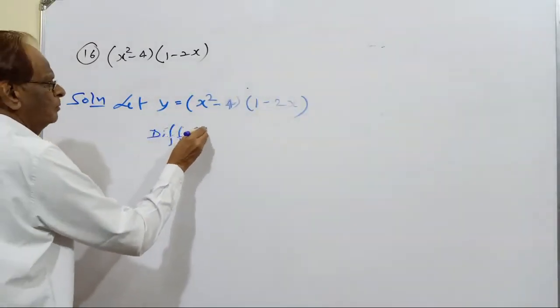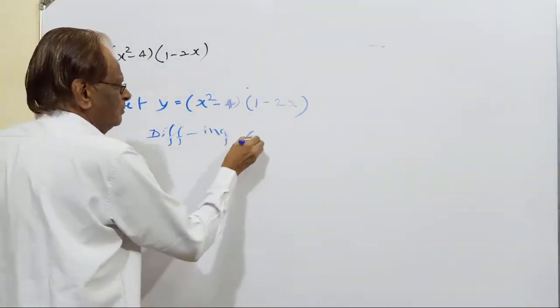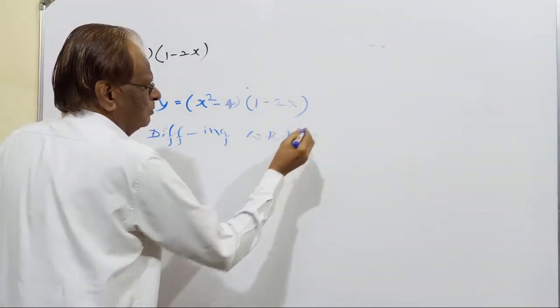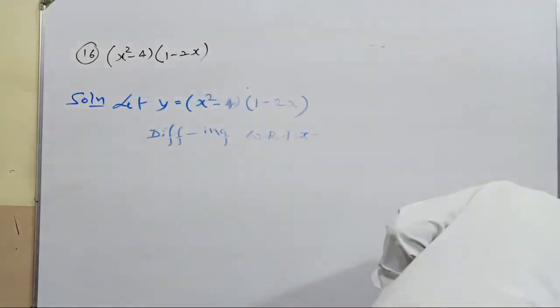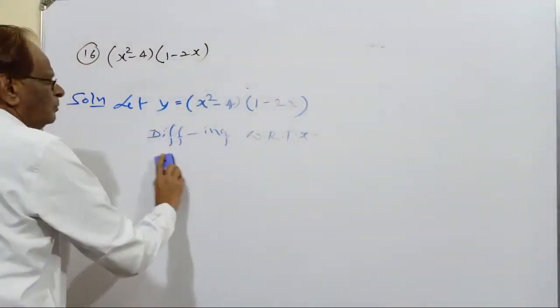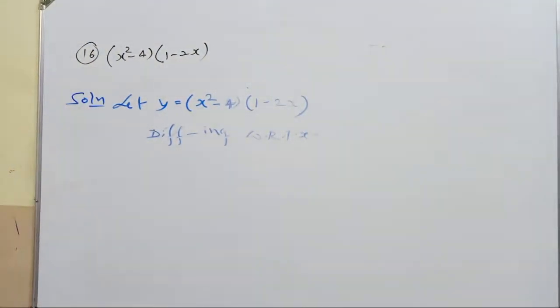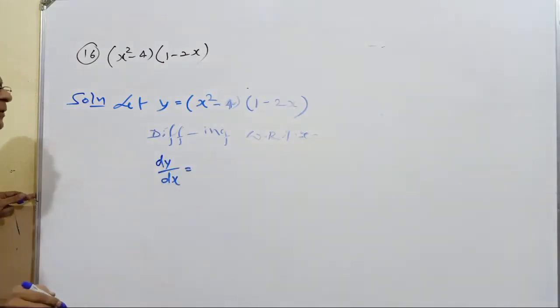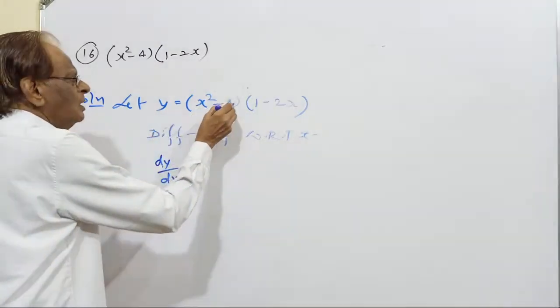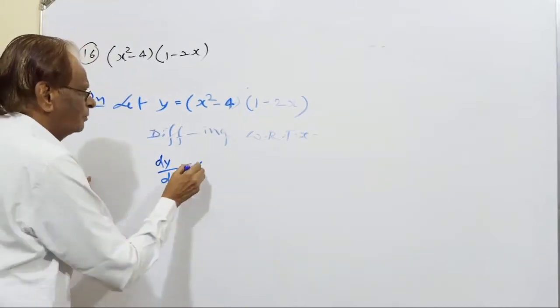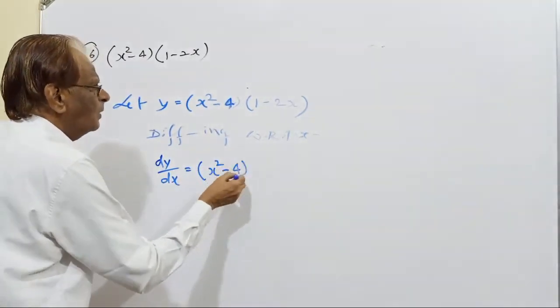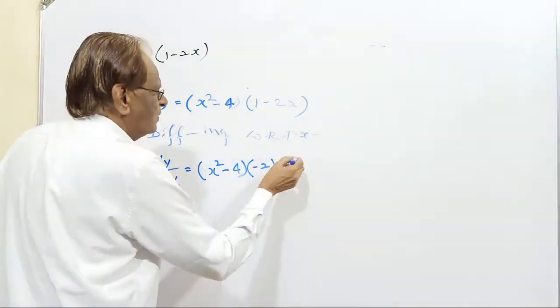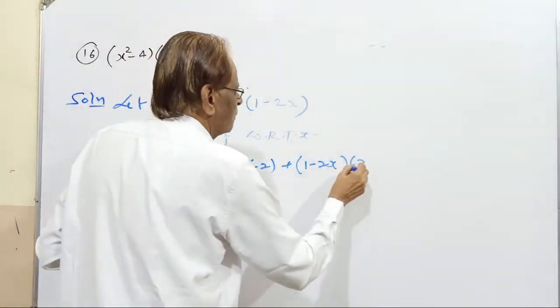Differentiating with respect to x, dy by dx equal to, first bracket is the first function, second bracket is the second function, differentiate by the product rule. First bracket as it is, differentiate second bracket, plus second bracket as it is, differentiate first bracket.